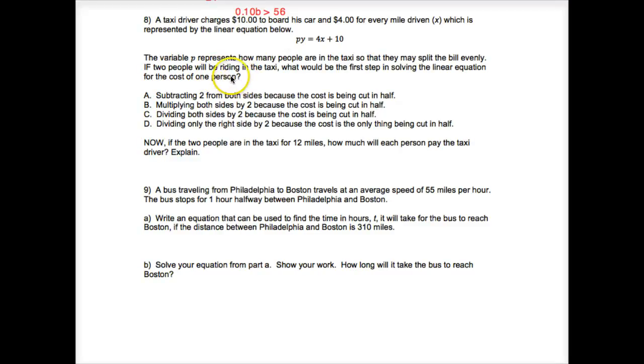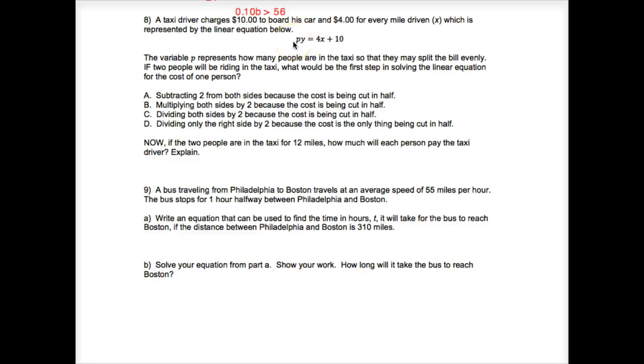So if there are 2 people riding in the taxi, then that means that you'd be putting in 2 in place of P. X doesn't really matter here because that's the number of miles. Y is the cost per person.